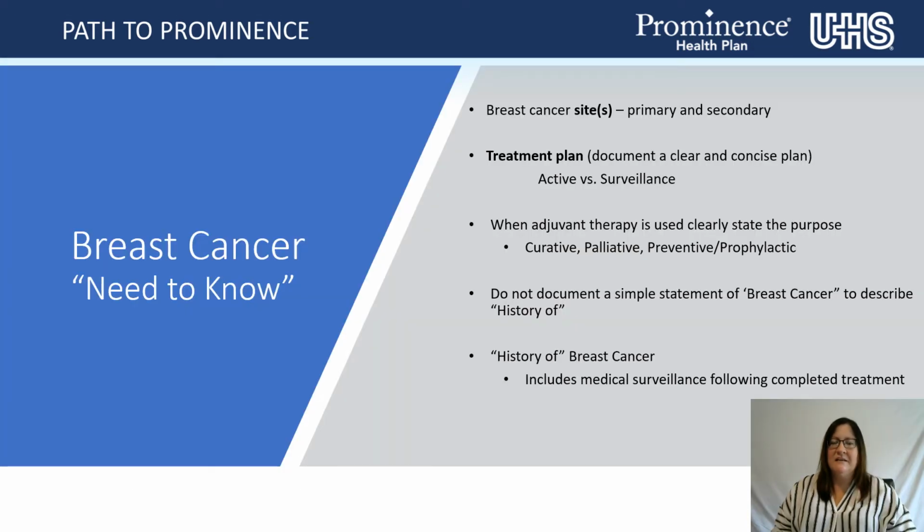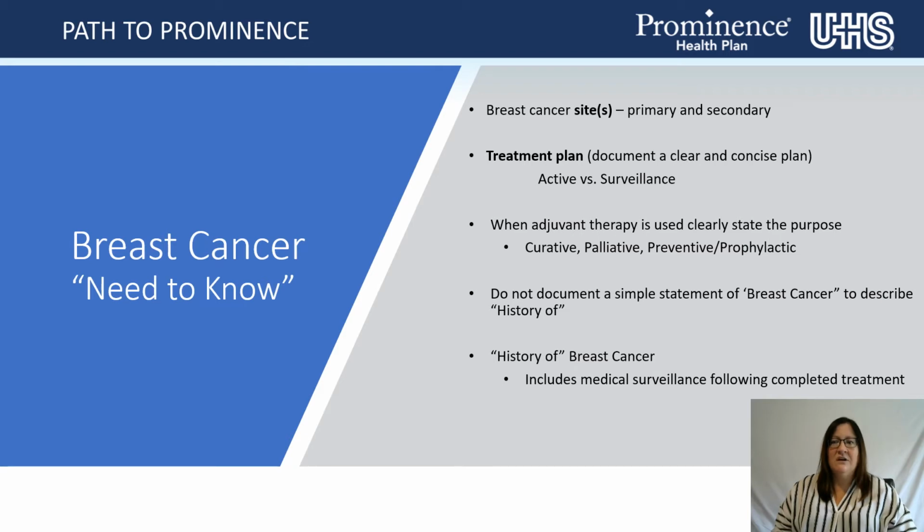Specific to clinical documentation for breast cancer, here is what we need to know in your clinical documentation details. We need to know the breast cancer site or sites. Is it primary or secondary? We need to know the treatment plan. Be sure to document a clear and concise plan. Is it active versus surveillance? The documentation should represent that.